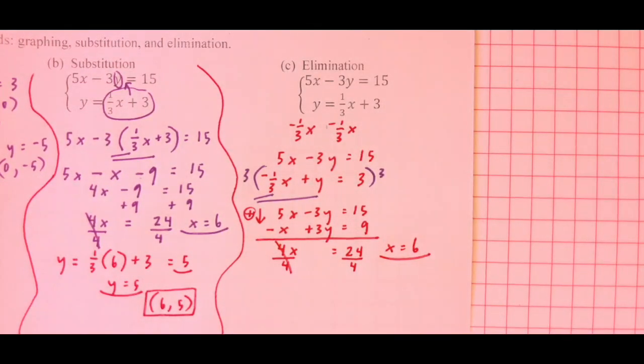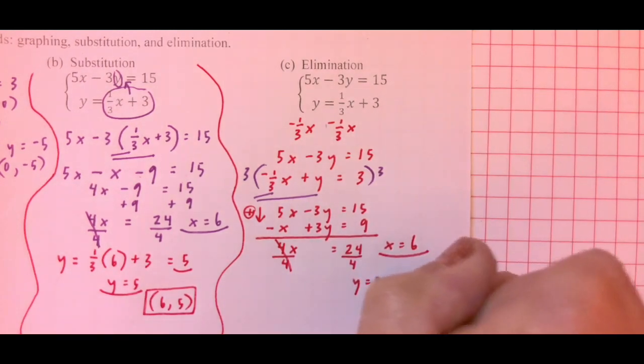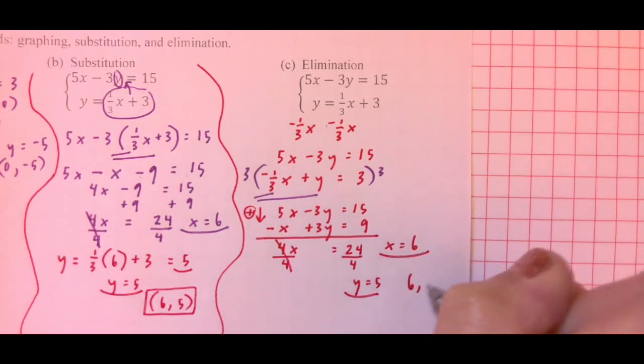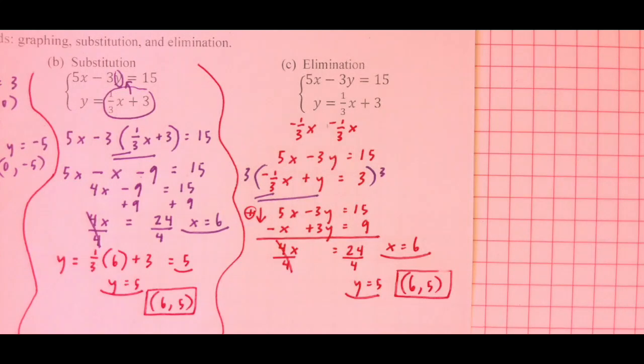Okay, and then plug back in to get the y value. We already did that in this equation, so we know that y ends up being 5 when x is 6. So again, same solution, different strategy, 6, 5. So those are the 3 methods for solving linear equations: graphing, substitution, elimination.